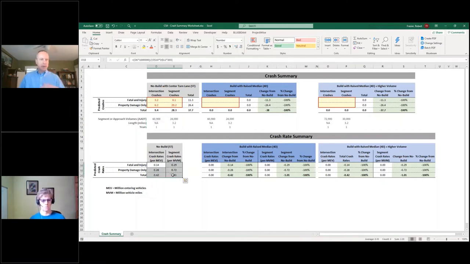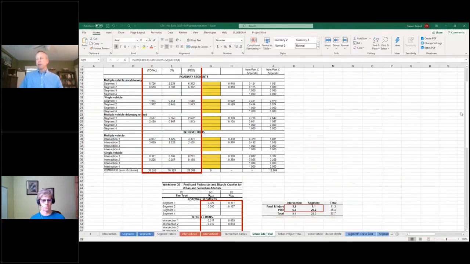We talked yesterday about how to calculate rates, and so that information is here and gives us a starting point. These are our no build crashes and our no build crash rates. All right, so I will just pause, Adam, any questions before I move on to the build? Nope. Okay, just making sure.